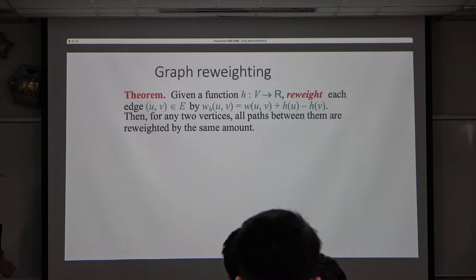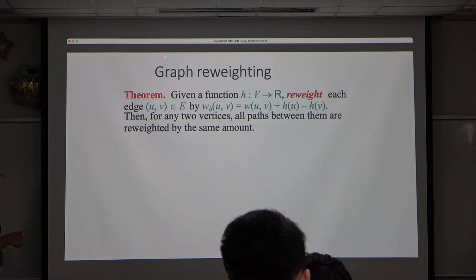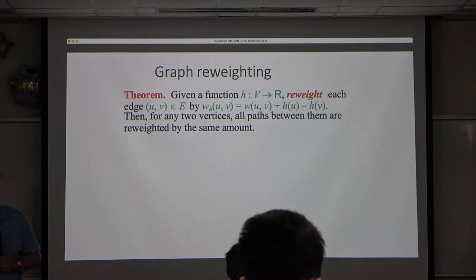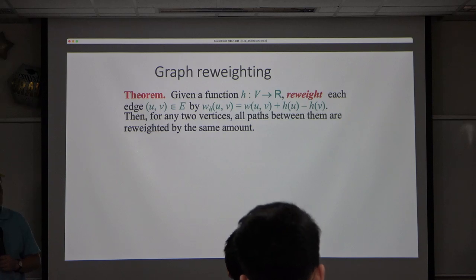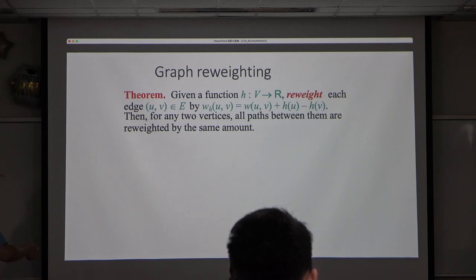The idea is that we could use graph reweighting to convert the negative weight edges into positive weights. We are given a function h, which we call the reweight function.